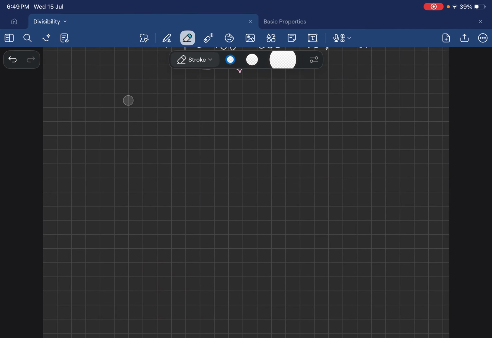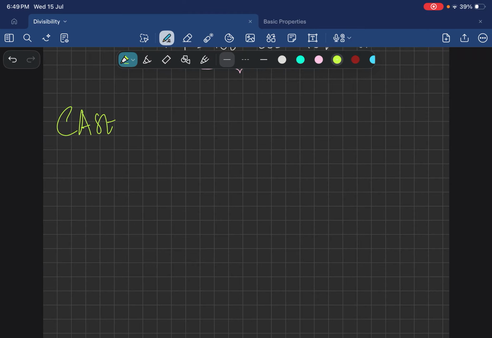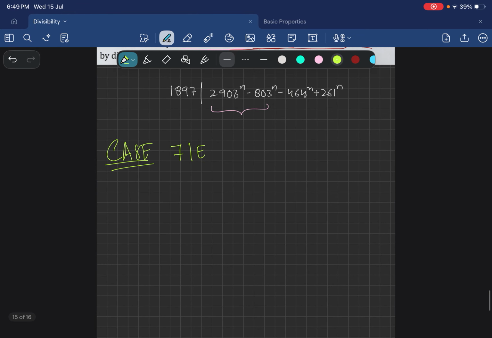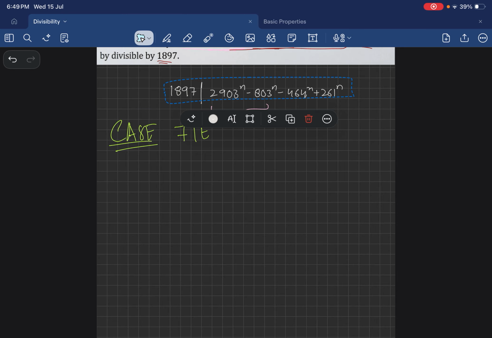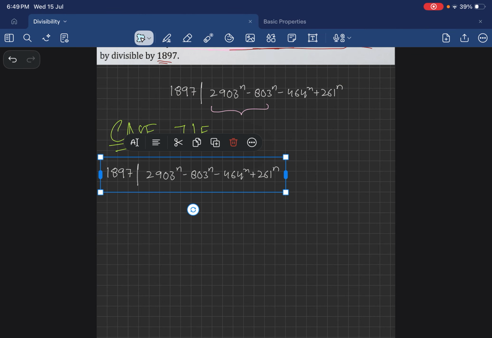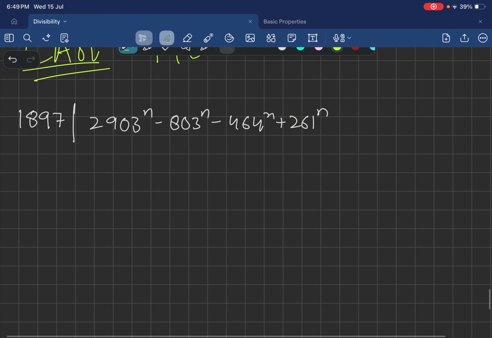So let's try to prove it using two cases. Case 1, we show that 7 divides E. Just look at only two terms.